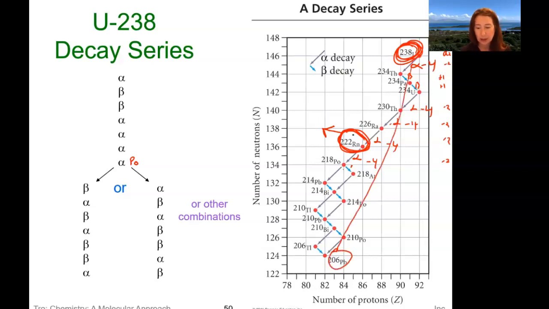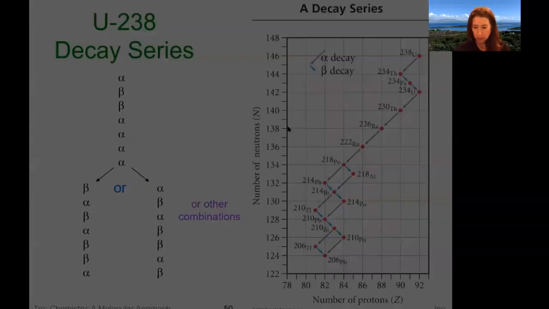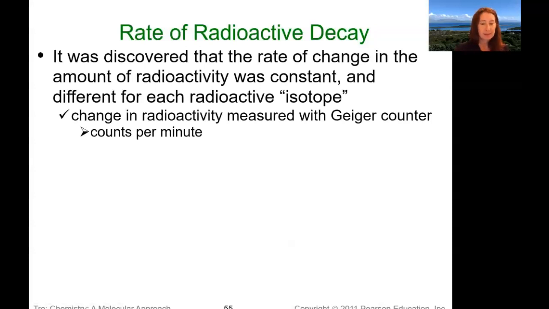Again, this takes about 1 billion years, but if you've ever heard of people getting lung cancer and they've never smoked or anything, a lot of times it's due to radon, which is commonly found in the ground. It's found in our ground, not as much as down in the south, where it's actually very prevalent. Okay, and we'll talk more about that. Probably not today, probably tomorrow, or sorry, on Wednesday.